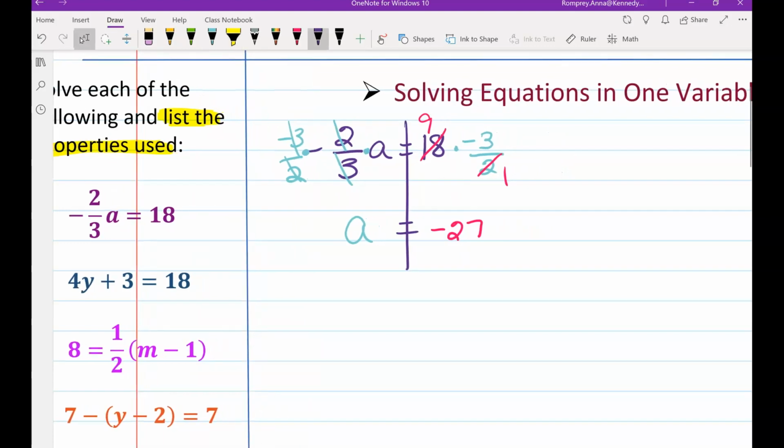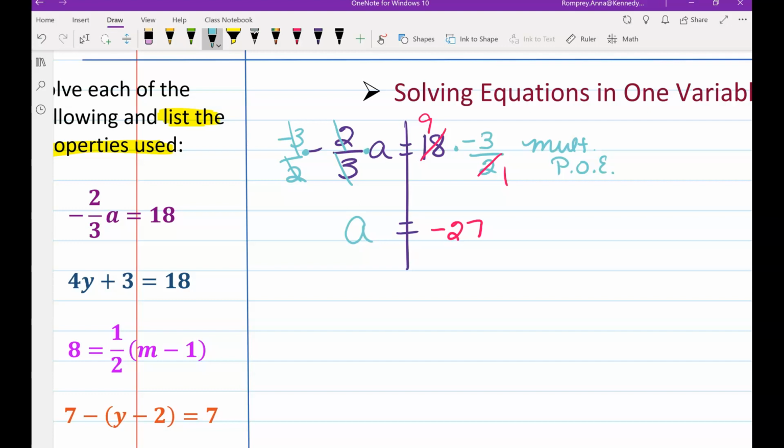So I used the multiplication property of equality. So I'm just going to use POE for property of equality. There is another way that you could have done this that would have taken 2 steps, and that would have used 2 different properties. Totally fine.